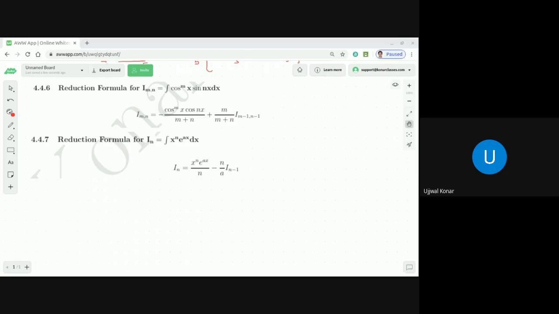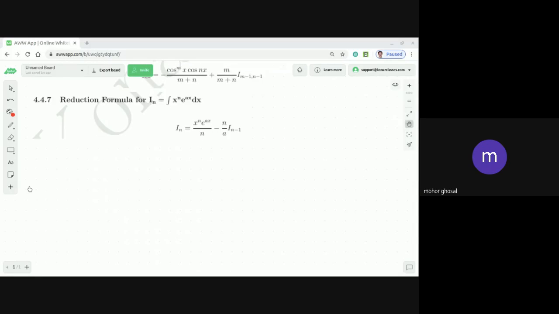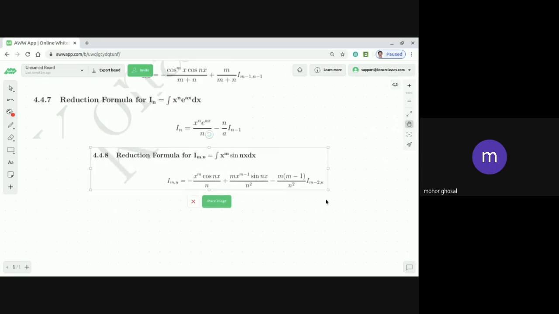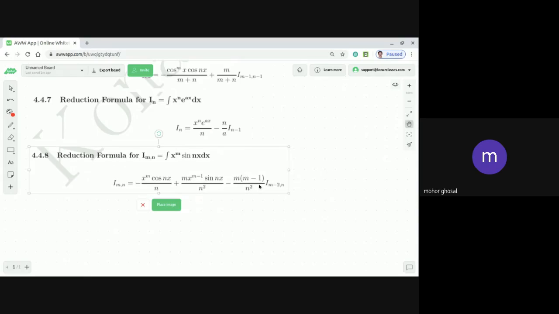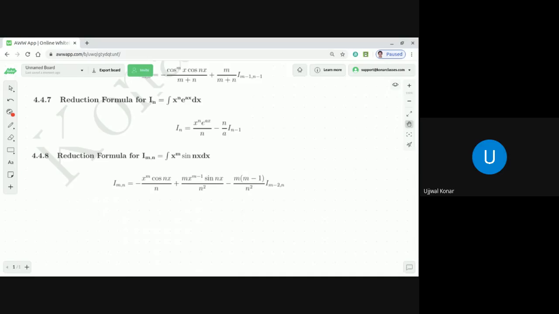The next one, I'm coming back to two parameters, Imn, which is integration of x to the power m into sine nx dx. So Imn is equal to integration of x to the power m into sine nx dx.